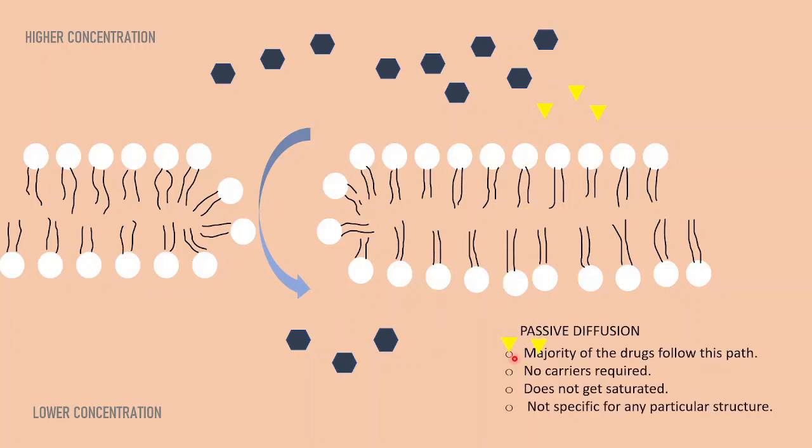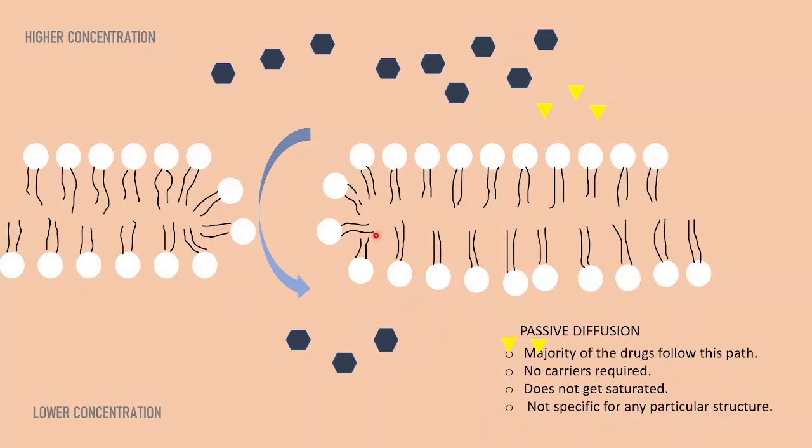So in case of passive diffusion, we have seen that there is no carrier requirement. That means any drug can easily diffuse from higher concentration to the lower concentration without the help of any carrier. And it is also energy independent, that is, it does not require any kind of energy.